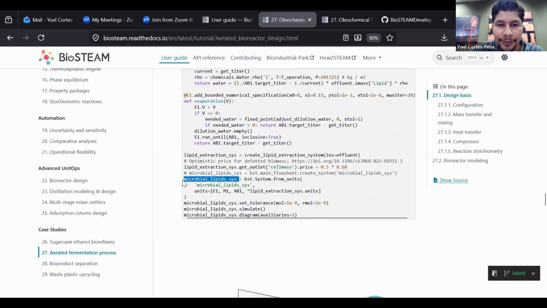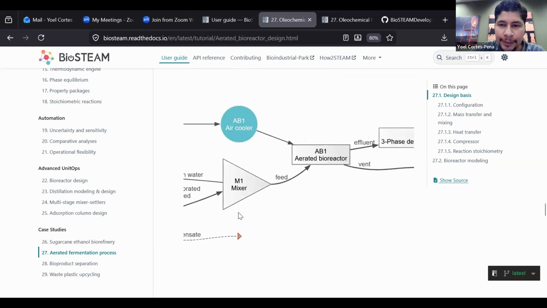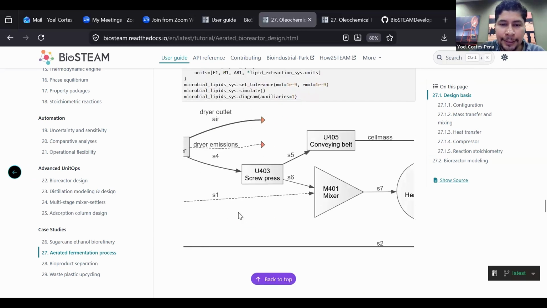Then finally here we're creating our full system, and the way we're doing this in this case is we're just giving BioSTEAM all the unit operations and letting BioSTEAM decide how to run the units, so in which order and how to solve recycle loops and so on. All right, and this is the full system that we created.